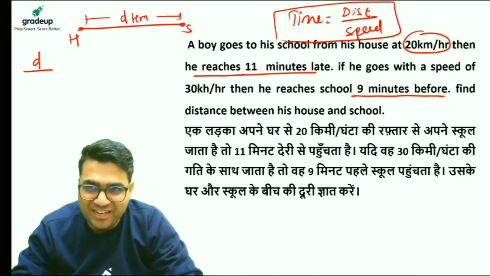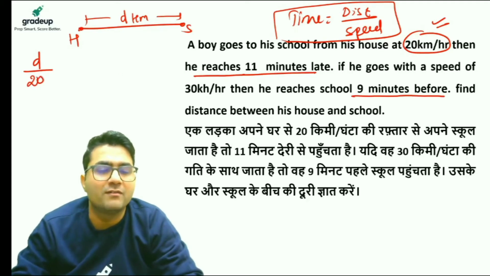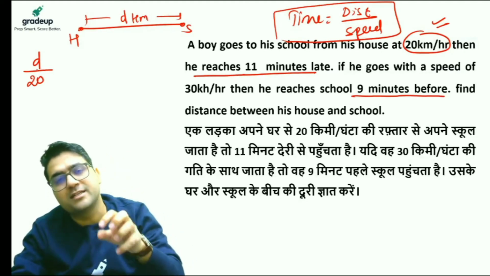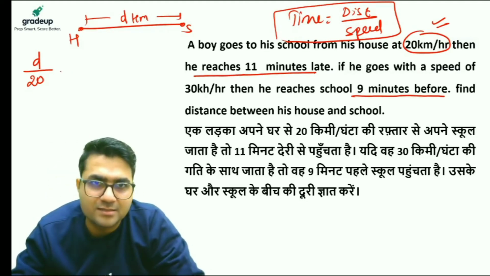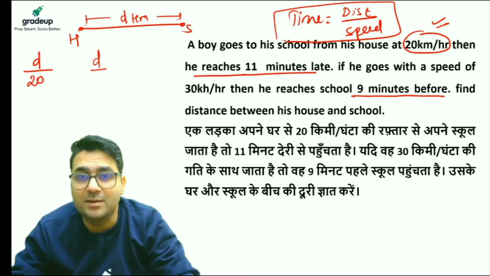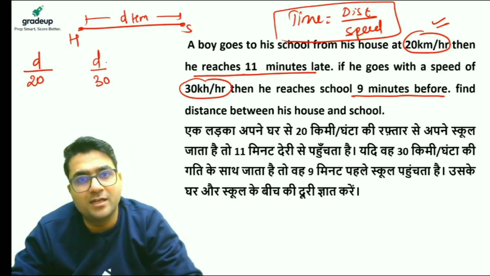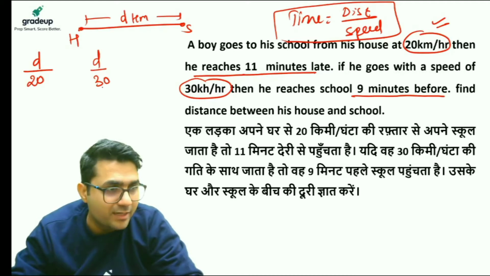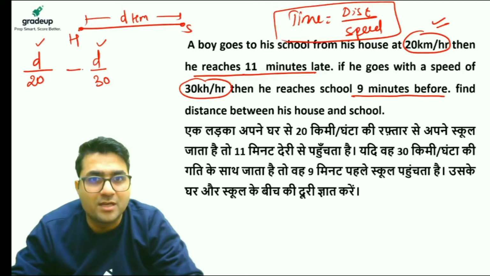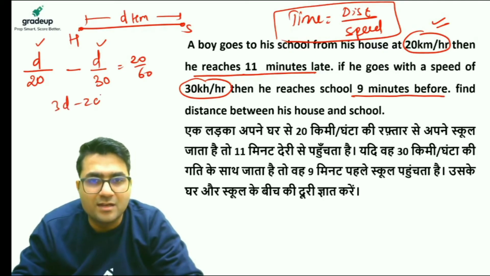If a person covers d kilometers with the speed of 20 km per hour, then definitely the person will cover this distance in d by 20 hours. If the same person covers the same distance with 30 km per hour, then he will take d by 30 time. The difference between this duration and this duration is nothing but 20 minutes. Now solve this and get your answer.